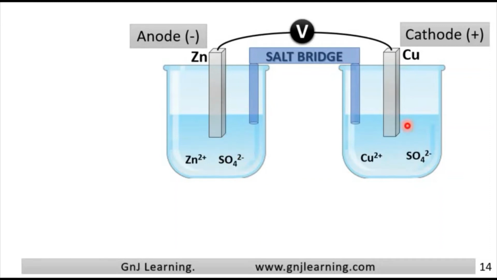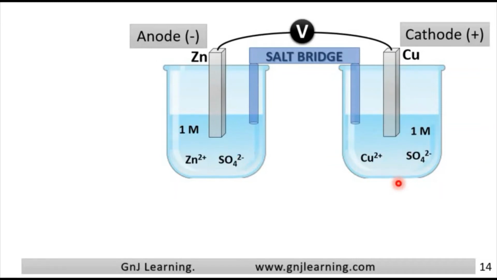Zinc is a metal and copper is also a metal, and hence their concentration by default is unity. On the other hand, the concentration of both solutions may change. So for standardization, I am introducing solution in the vessel as 1 molar. You can see here the solution is now 1 molar in both cases.